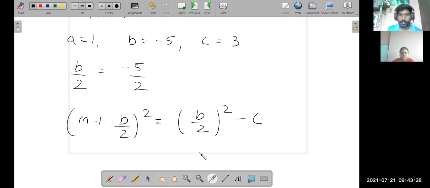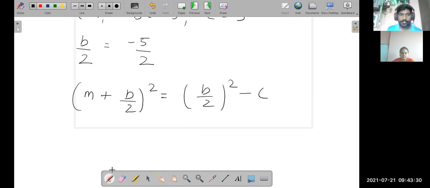Okay, now right hand side, what you did is correct, but left hand side, see. It is m plus, what is B upon 2? B upon 2 is -5 upon 2. So you forgot this minus sign, the whole square, and this as it is.